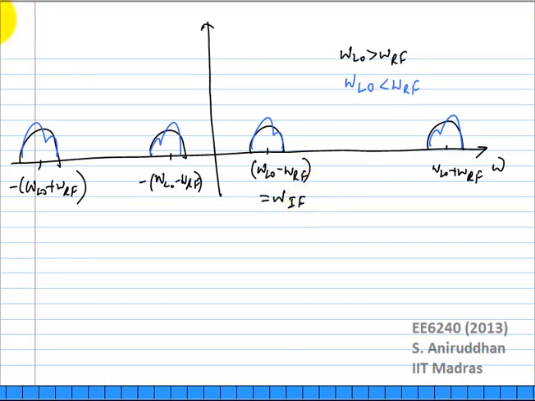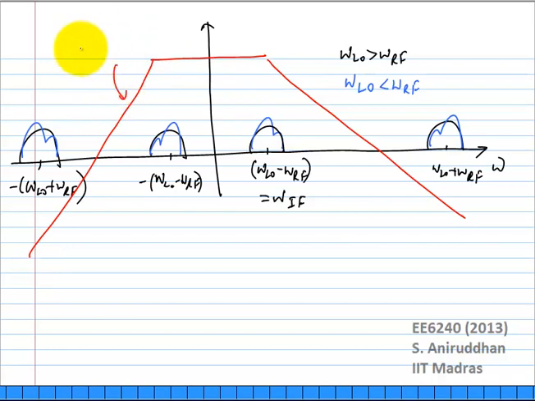The IF filter will be a low pass, maybe looking like this. Because you are not interested in the omega LO plus omega RF terms, you want to filter them out anyway. Those are the sum terms.